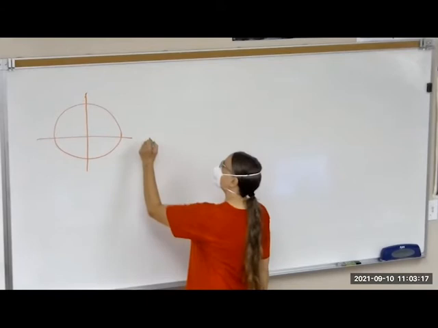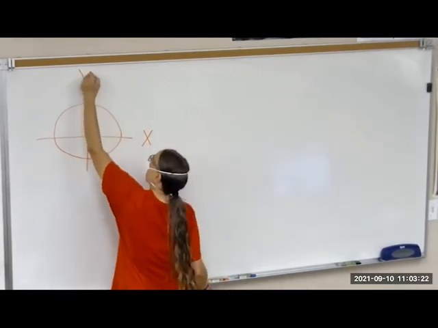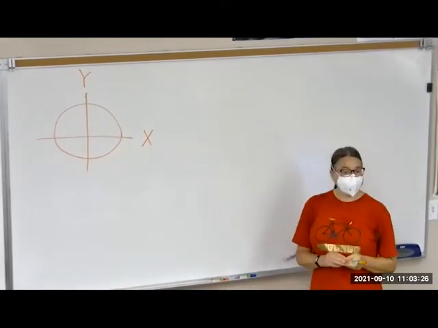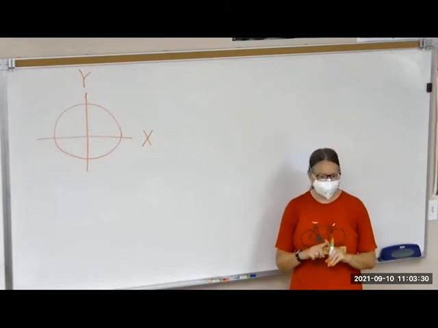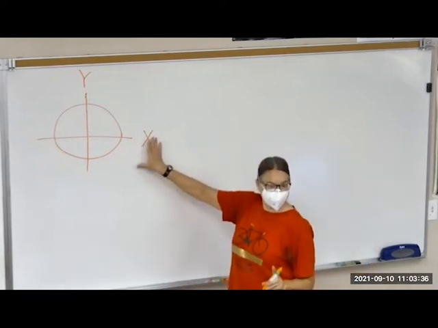I'm going to label this as the capital x-axis, and this as the capital y-axis. I'm doing that simply because sometimes we call the angle little x, and I don't want to confuse the angle with the capital X value on this coordinate system.